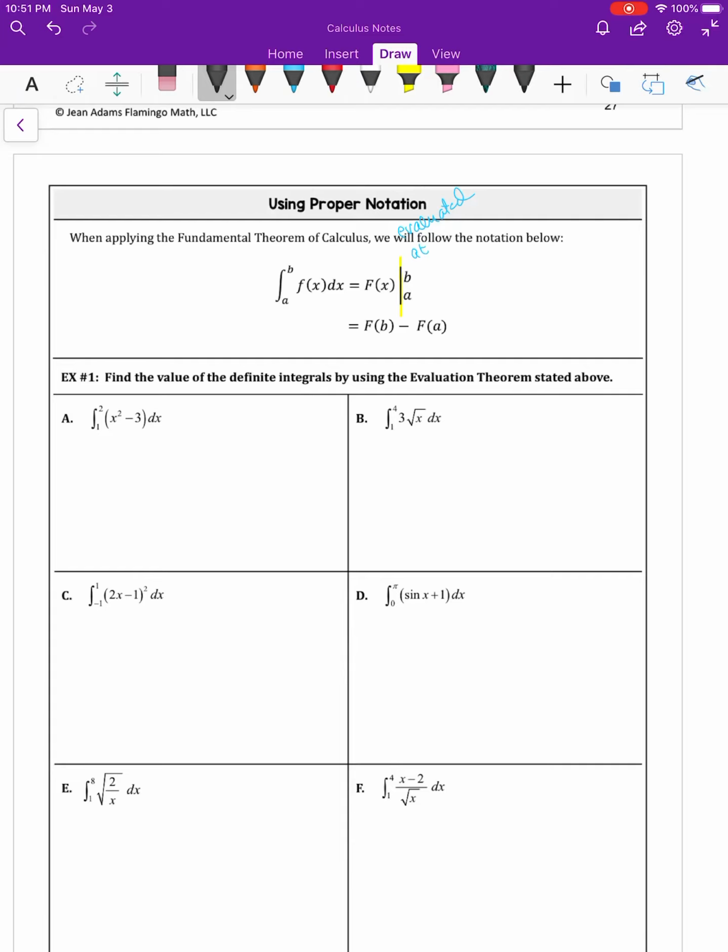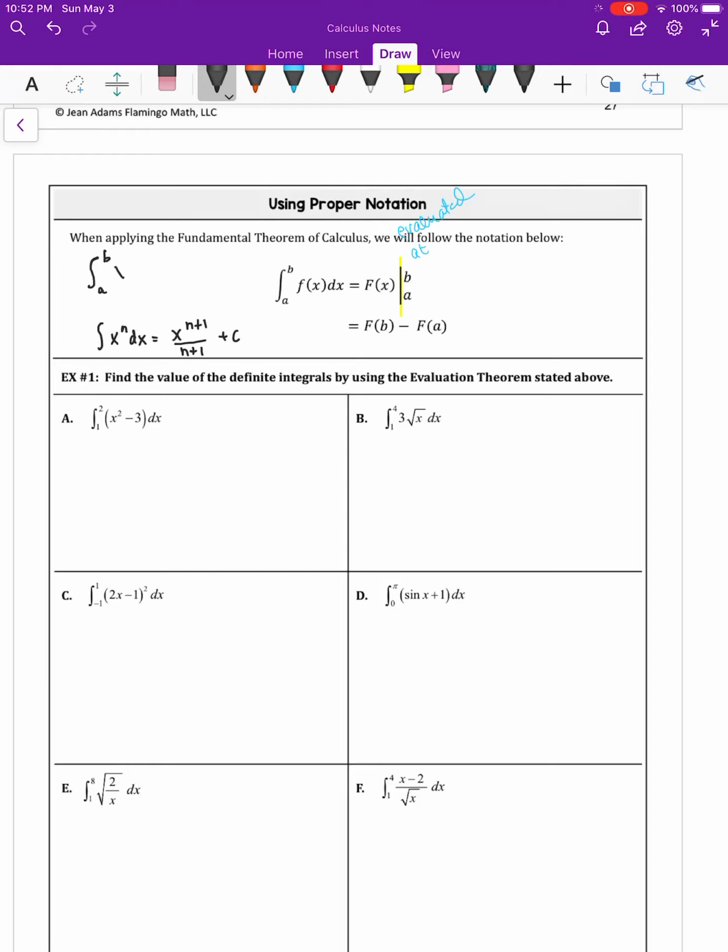Find the value of the definite integrals by using the evaluation theorem stated above. Remember that we said if we were integrating x to the n dx, it would be x to the n plus 1 divided by n plus 1, okay?